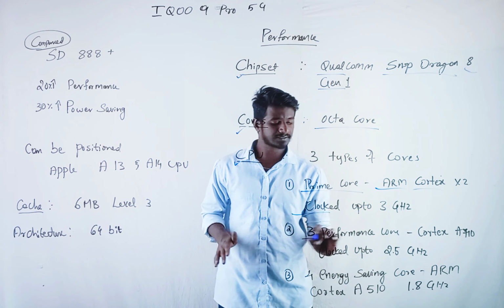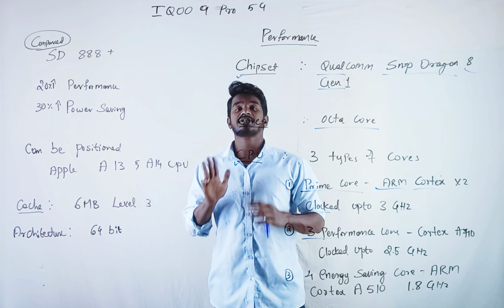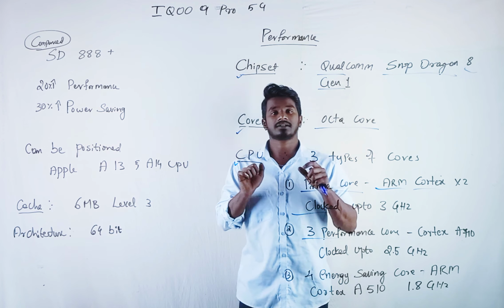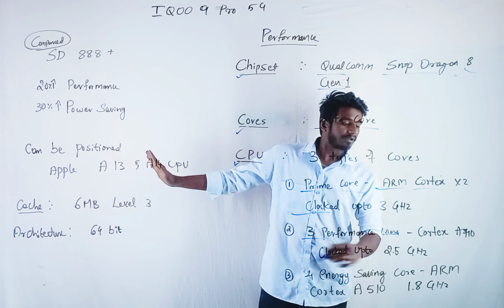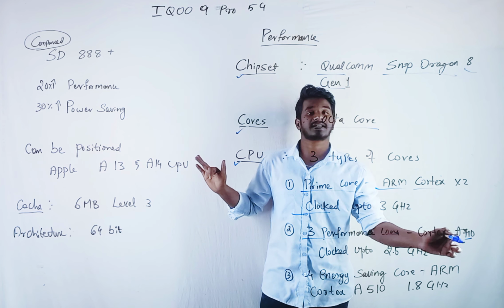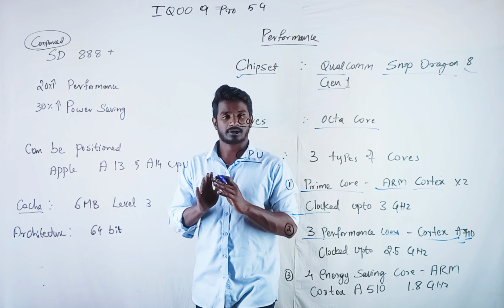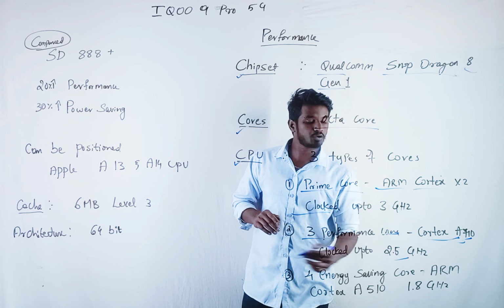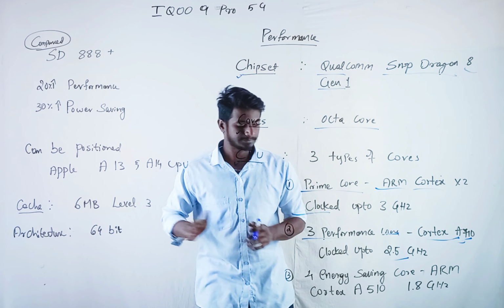The second one is three performance cores in the CPU, based on Cortex-A710, clocked up to 2.5 gigahertz.